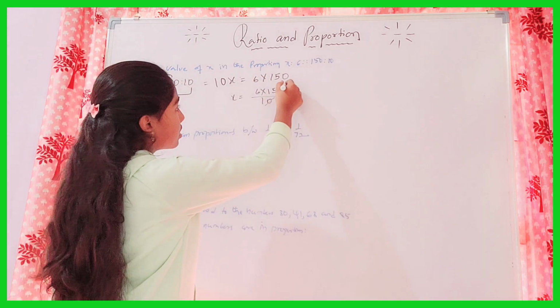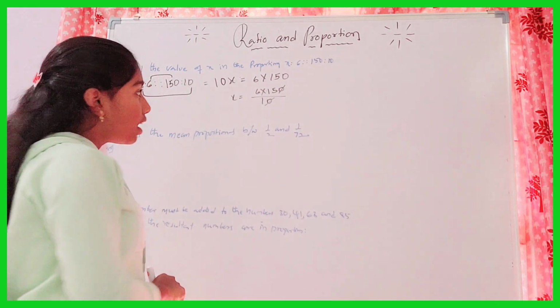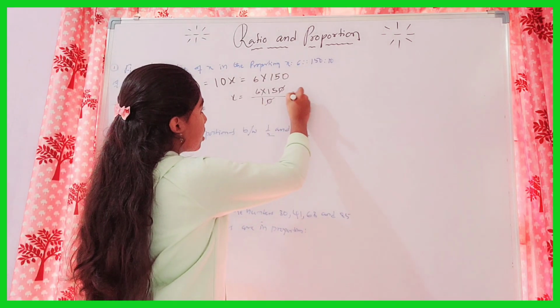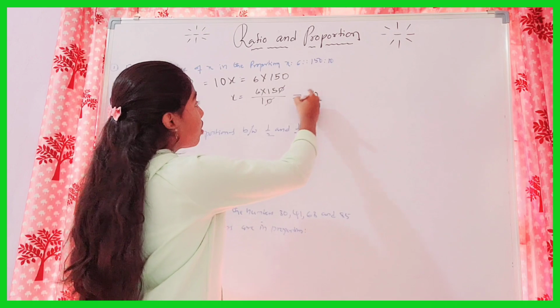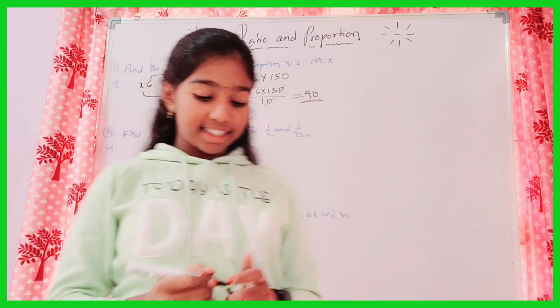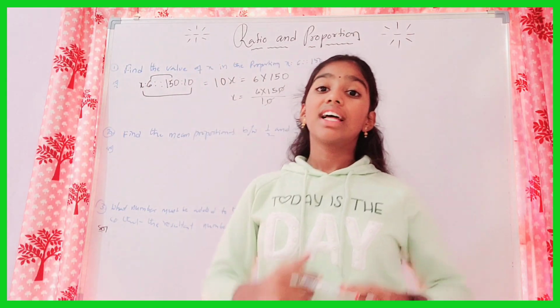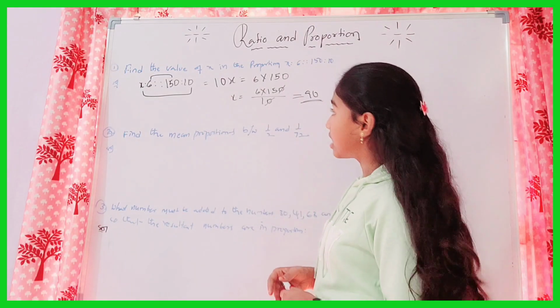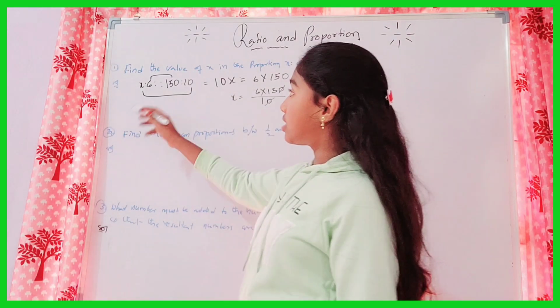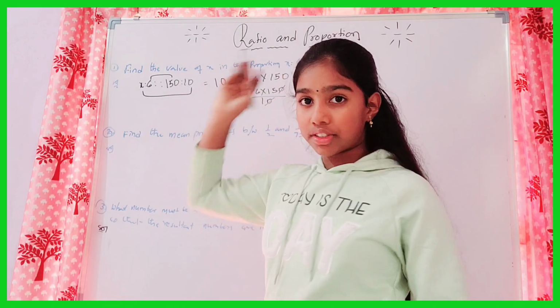Now this 0 will cancel, and 15 times 6 is 90. So the value of x is 90. We got the answer: the value of x in that proportion is 90. See, 90 is to 6 as 150 is to 10.